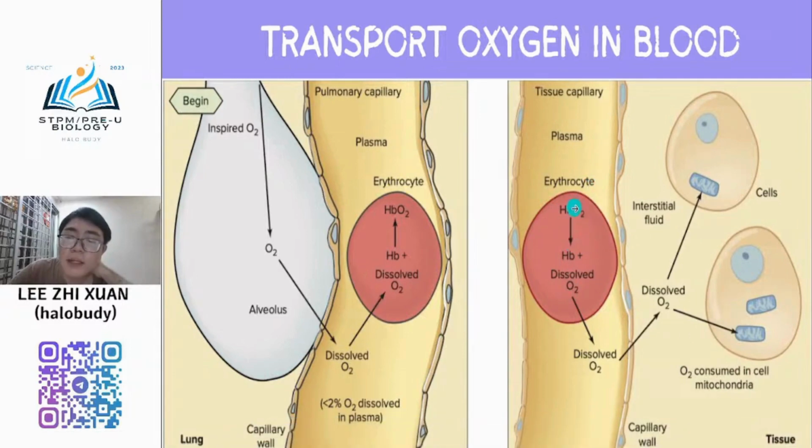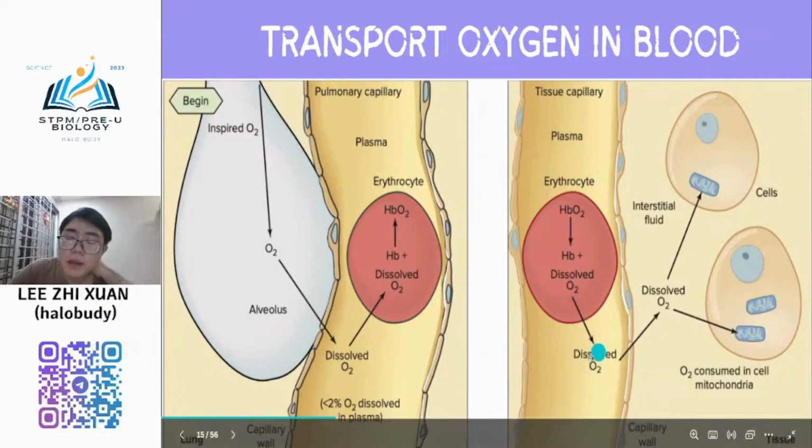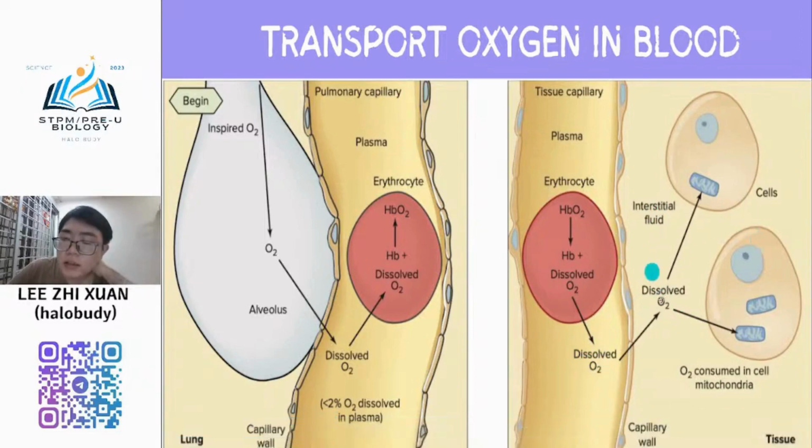The oxygen will diffuse back into the blood plasma, then out from the capillary into the interstitial space, and this oxygen molecule will be used by the cells.